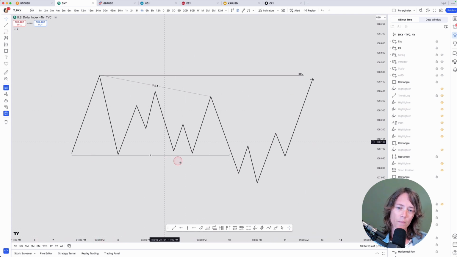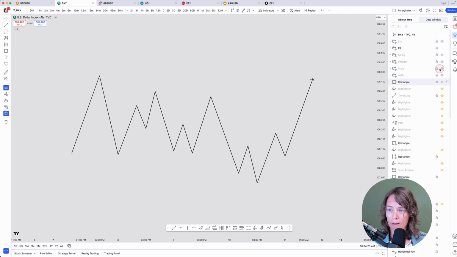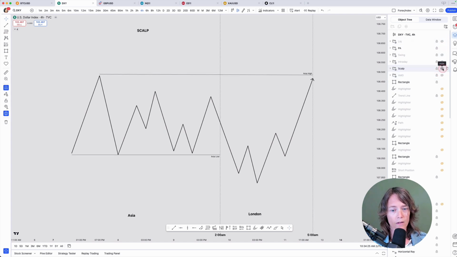So how can we make a high probability model from this when you're a scalper? Well, let me put on my scalping lipstick. A scalper could trade it like this. We have a range forming in Asia, the first part of the daily candle. You just need to go over your charts, of course, because it won't form every day.